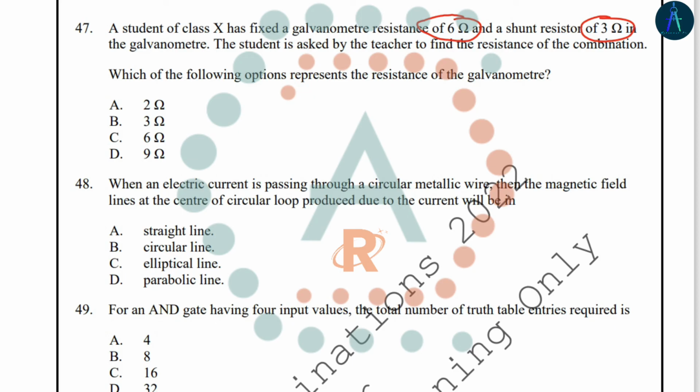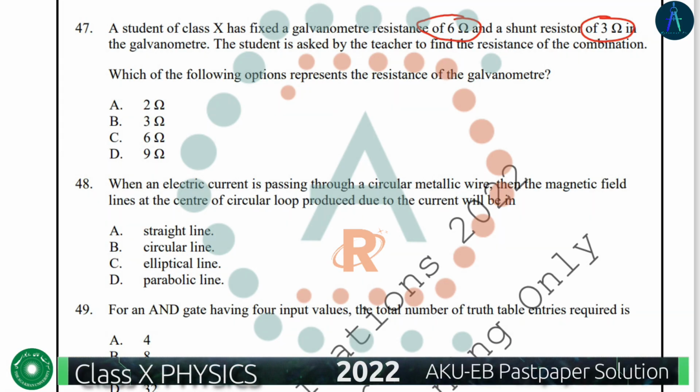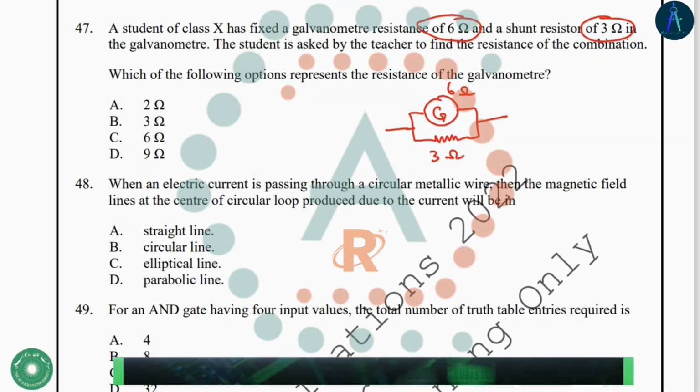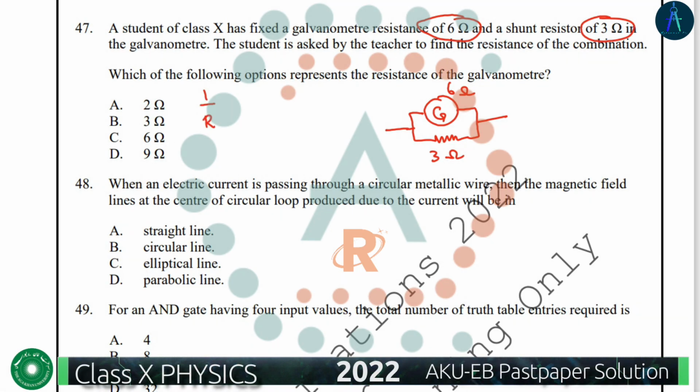So in galvanometer, the resistance of the galvanometer itself is 6 ohms, and a shunt resistance that is always connected in parallel to the galvanometer, that is 3 ohms. So we have to find the total resistance of the combination, that can be calculated by 1 over R equals 1 over 3 plus 1 over 6, the formula for the parallel combination.